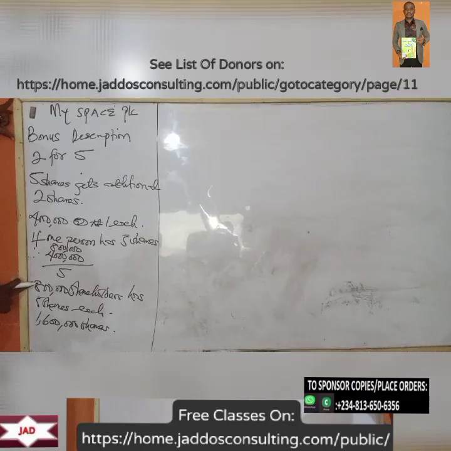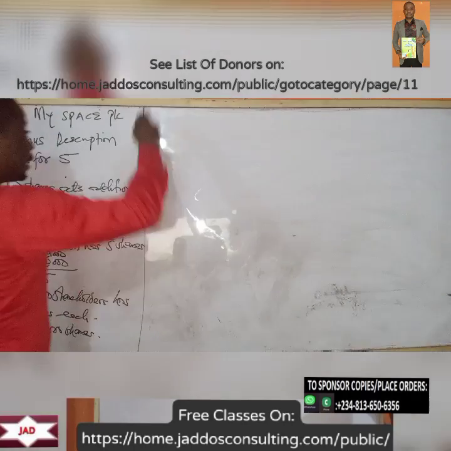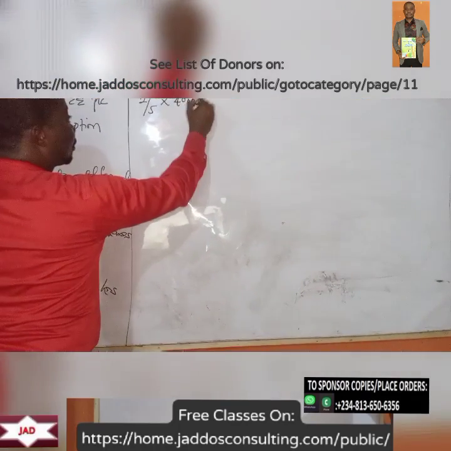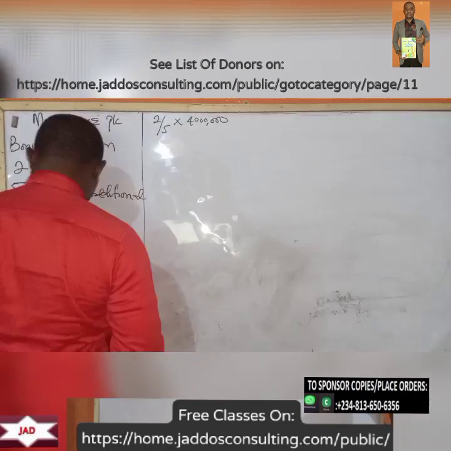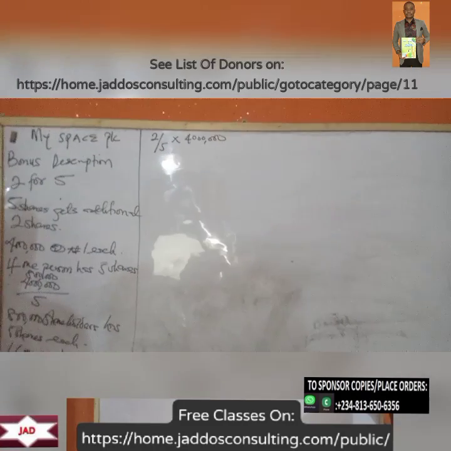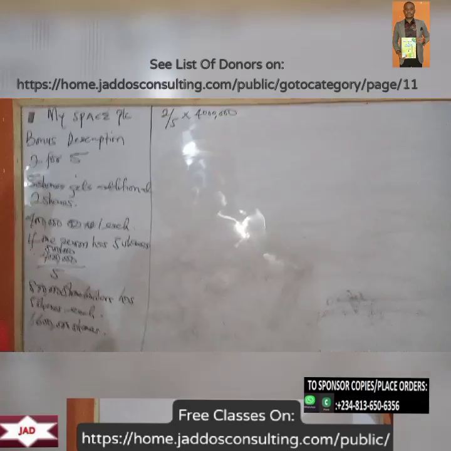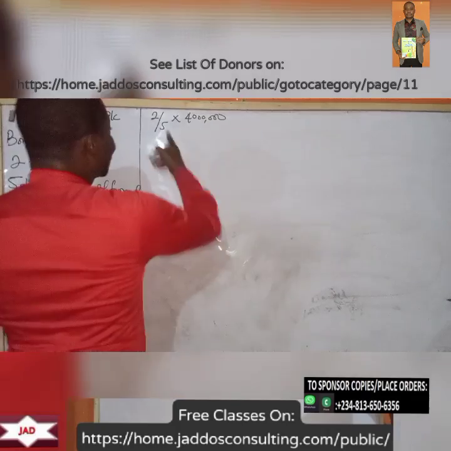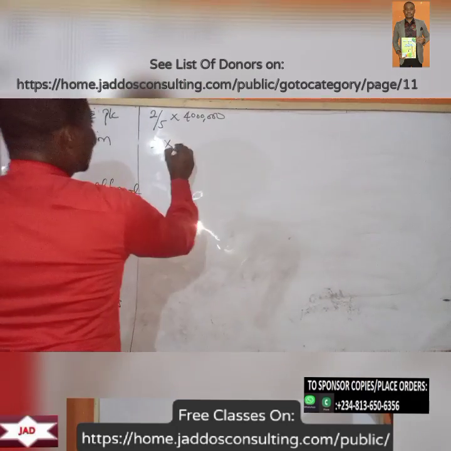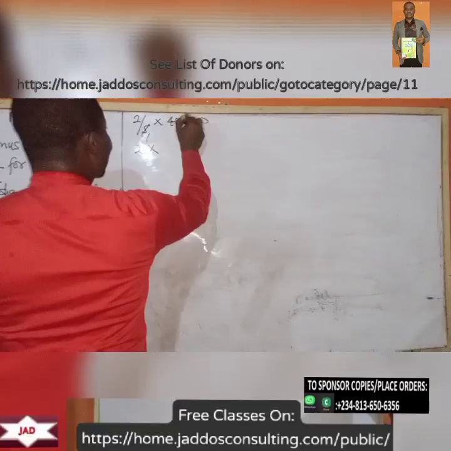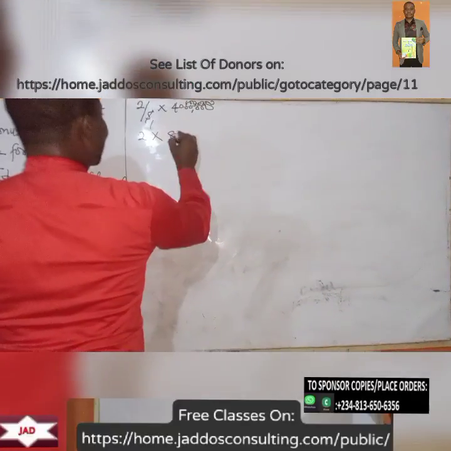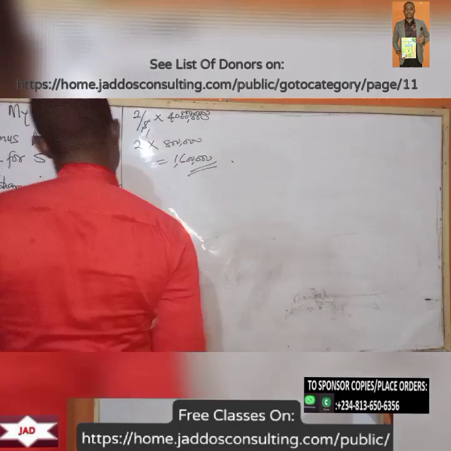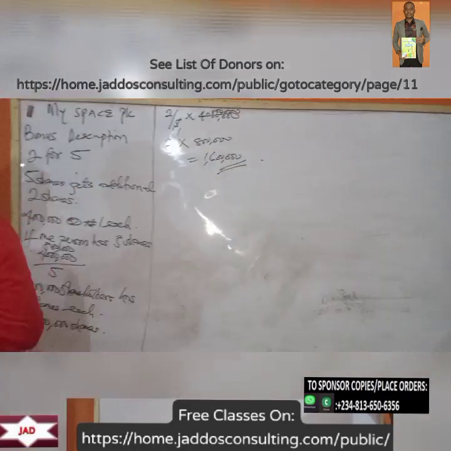To be shared among 800,000 shareholders. Another way we can do it is to say 2 divided by 5 times 4 million, right? So what do we now have? This will be 2 times 800,000, so that will be 1,600,000 shares, right?